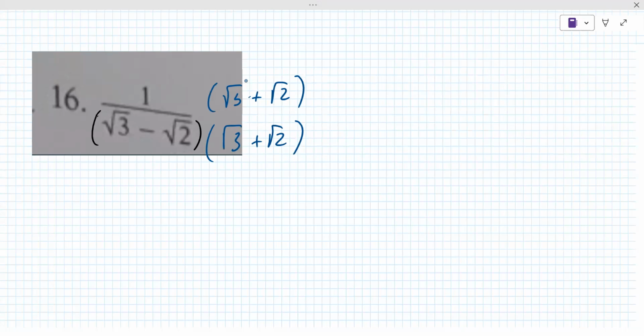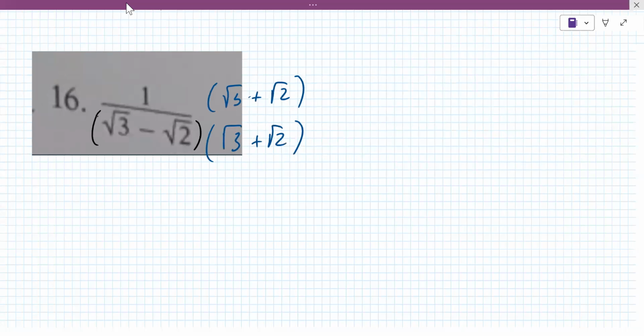All right. Now on the bottom, we're going to FOIL again.